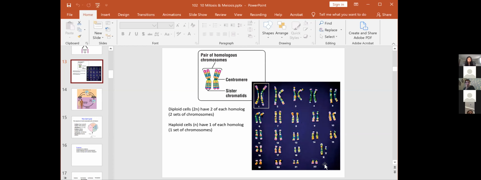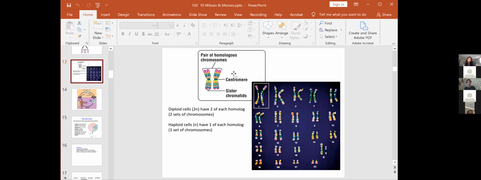The last pair of chromosomes are called sex chromosomes. Now in this karyotype here, they're showing one X and one Y. So this would have been the chromosomes of a male. If you're female, you would have 2 X's. So you have 2 chromosome number 8s, one from mom, one from dad. Those are called homologous chromosomes.